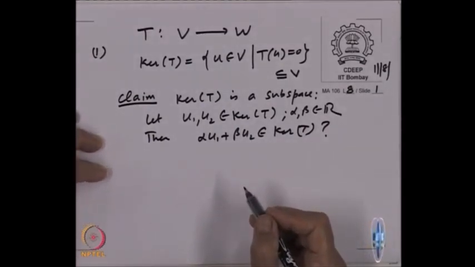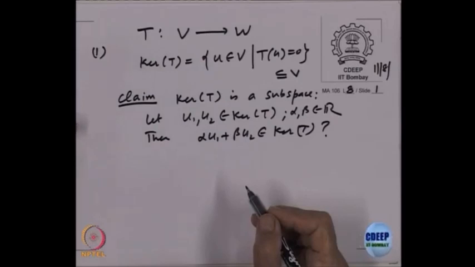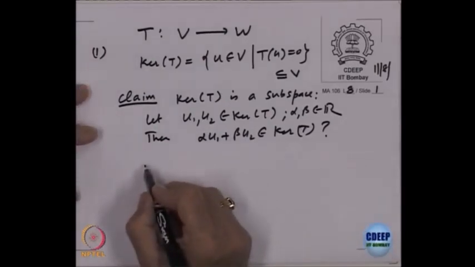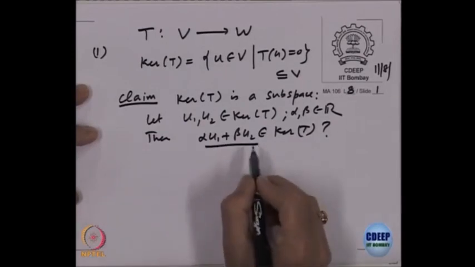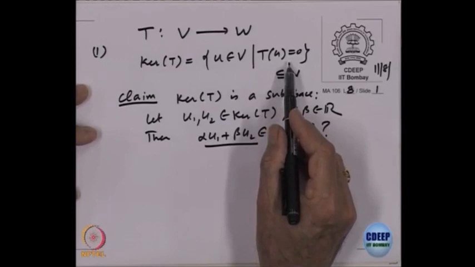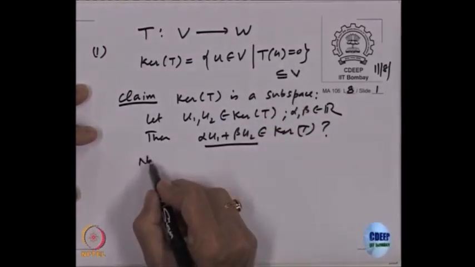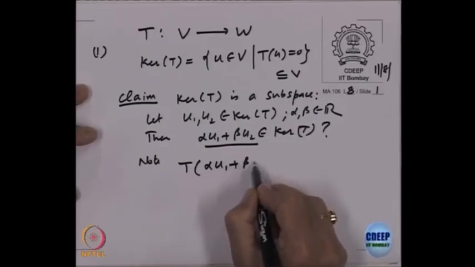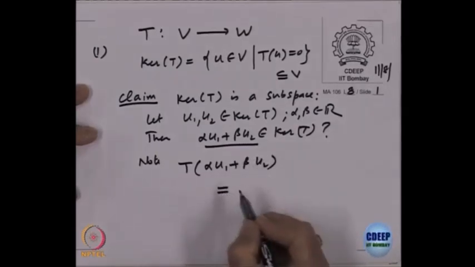To show it is a vector space, a linear combination of elements should be inside. So, what is to be shown is that this element also has the property that T of this element is 0. So, let us note T of alpha u1 plus beta u2, what is that equal to? Linearity plays the part.